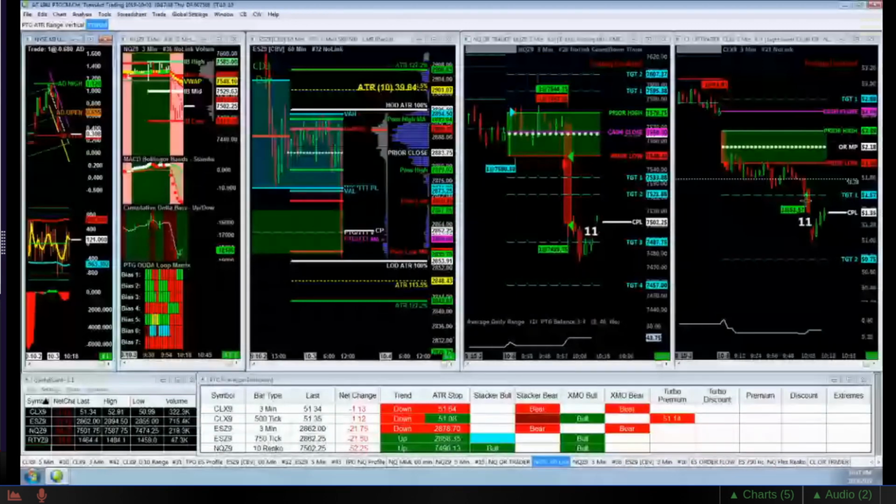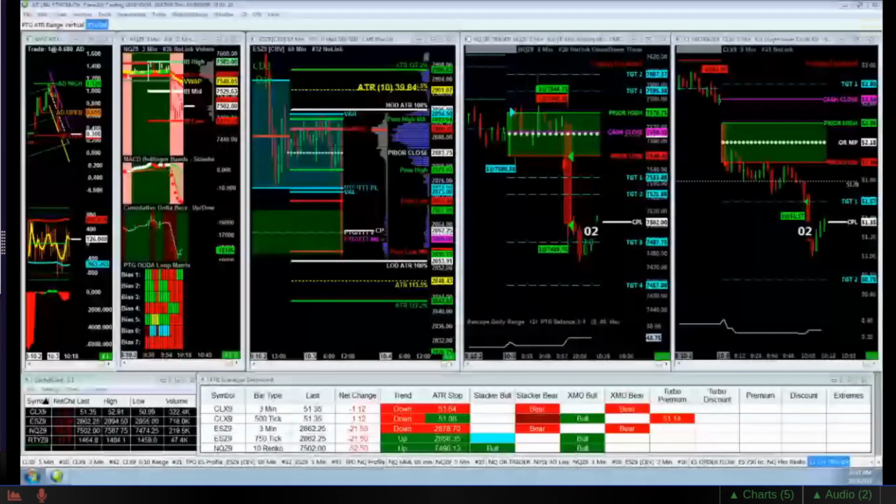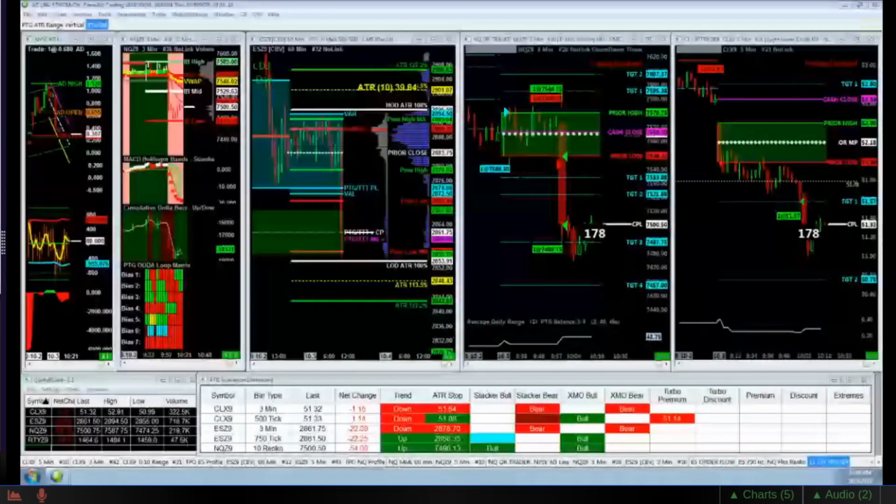Crazy. Reversal targets hit, but net plus, absolutely. So that's our opening range, guys. That's how it works every day. And again, we stay disciplined to it. There's absolutely no way I would have been able to execute that manually.